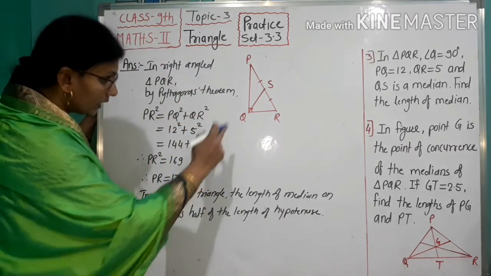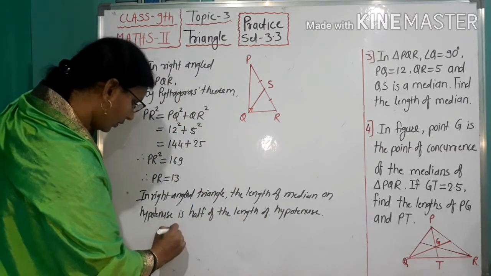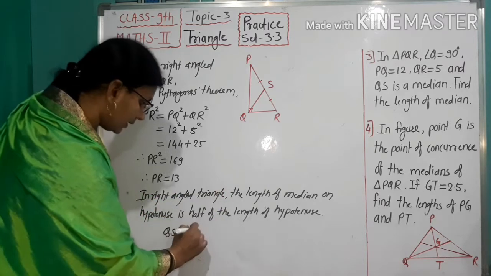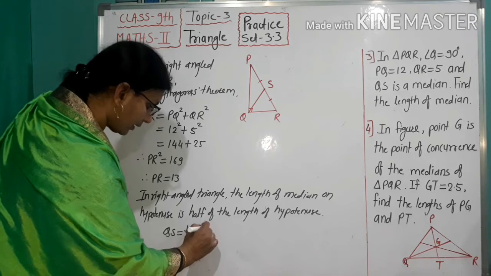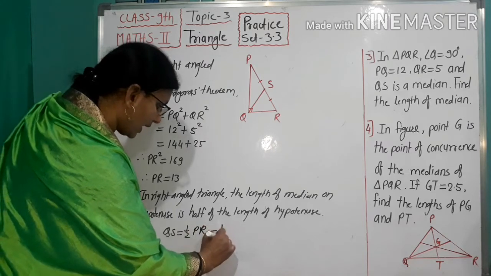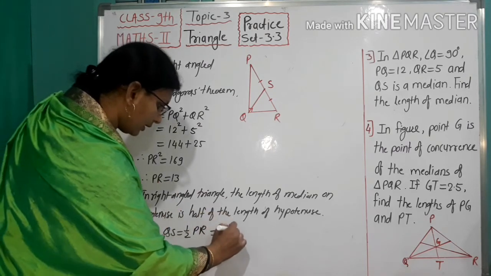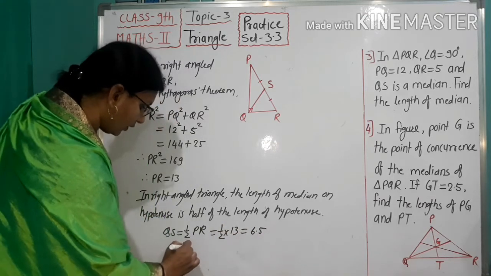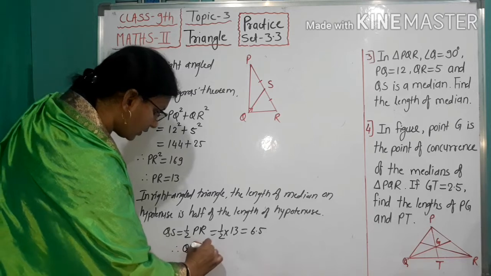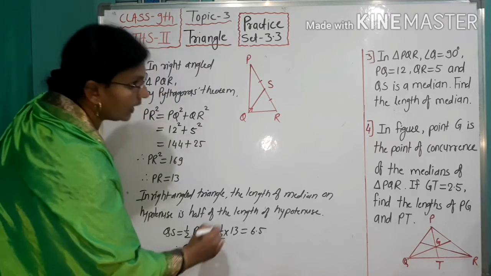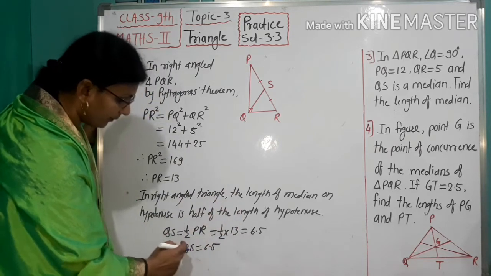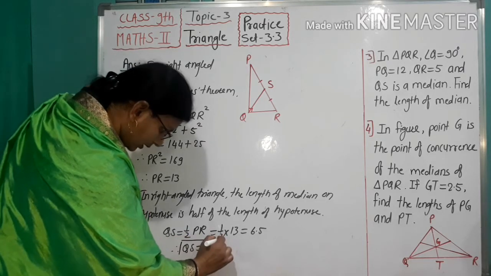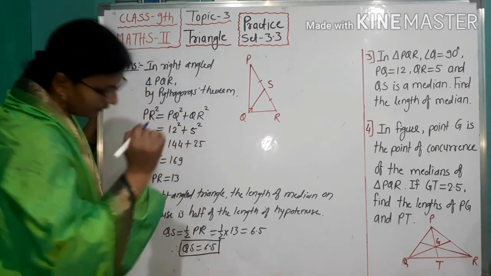Therefore, QS equals half of hypotenuse PR. Put the value of PR here, 13, and this equals 6.5. Therefore, QS equals 6.5, and the length of the median, that is QS, is 6.5.